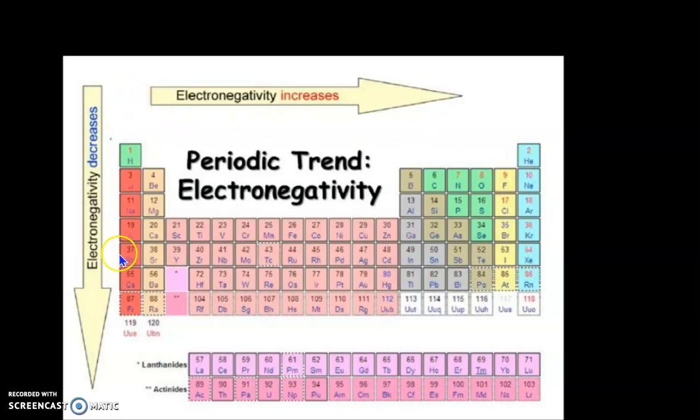Now in a group, that is top to bottom. As we proceed downwards in a group, there is appreciable increase in atomic radius due to which the added electron experiences a lesser force of attraction towards the nucleus.